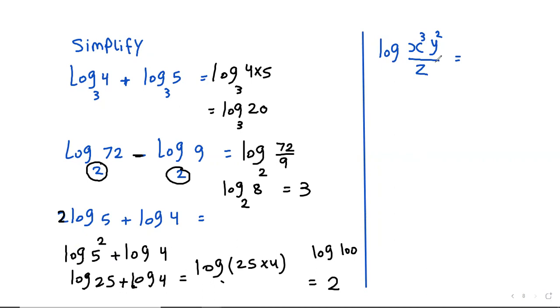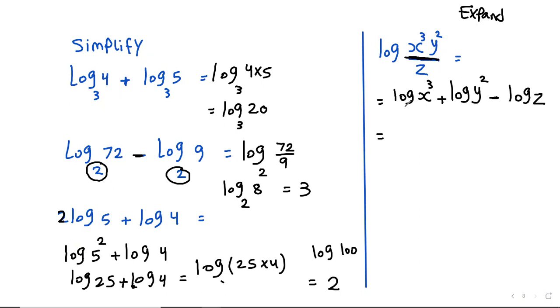The next one here, I want to expand. So log x to the power of 3, y to the power of 2, divided by z, is the same as log x to the power of 3 plus, because it's times, plus log y to the power of 2, and then we have divided by z, so minus log z.